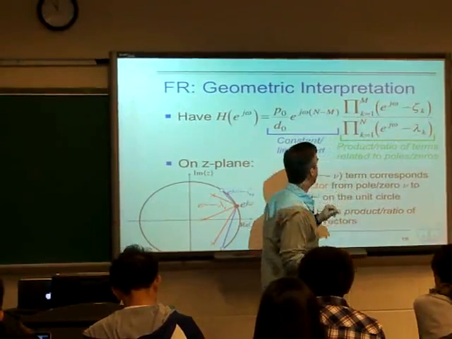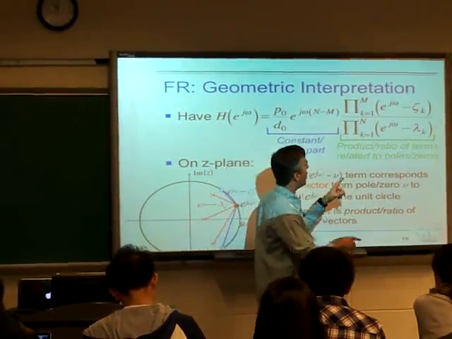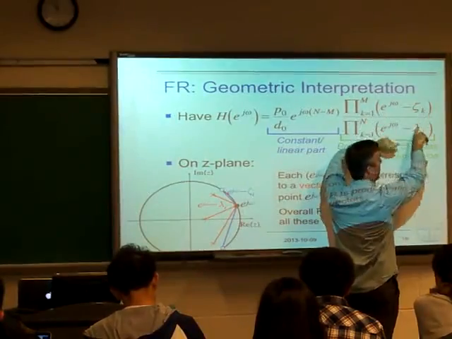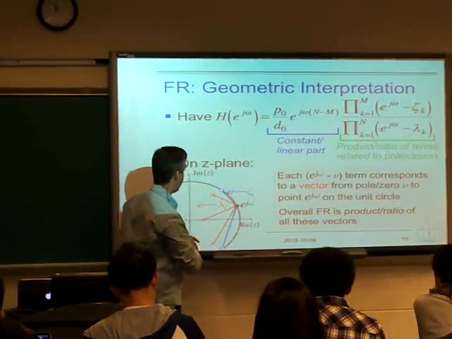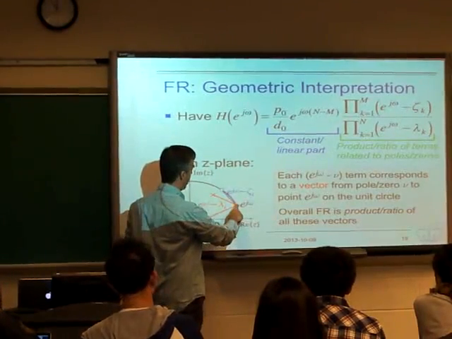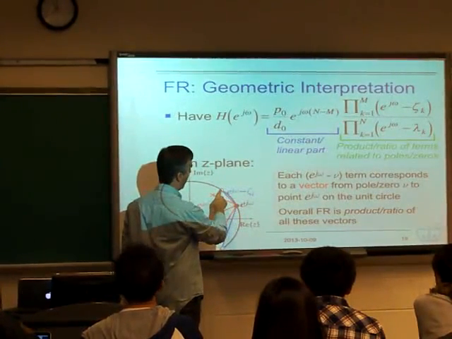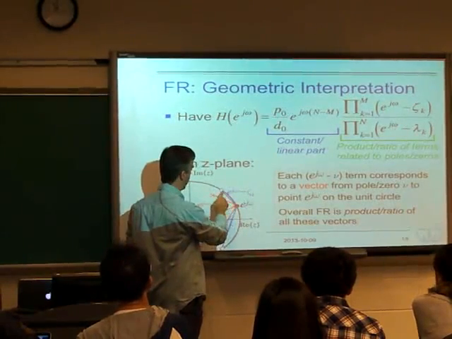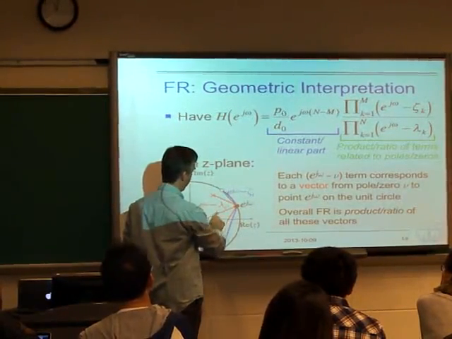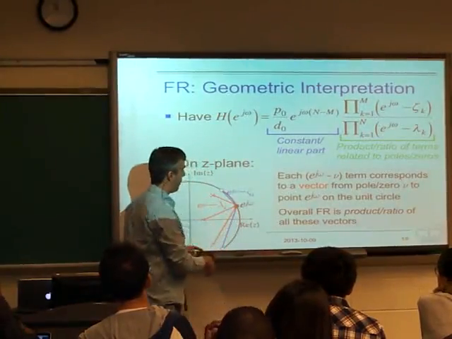These parts do depend on ω, on these values here, which we can think of as vectors on the complex plane. So e^{jω} minus ζ_i is the vector from ζ_i to e^{jω}. It's minus ζ_i plus e^{jω}. So it's this vector here.